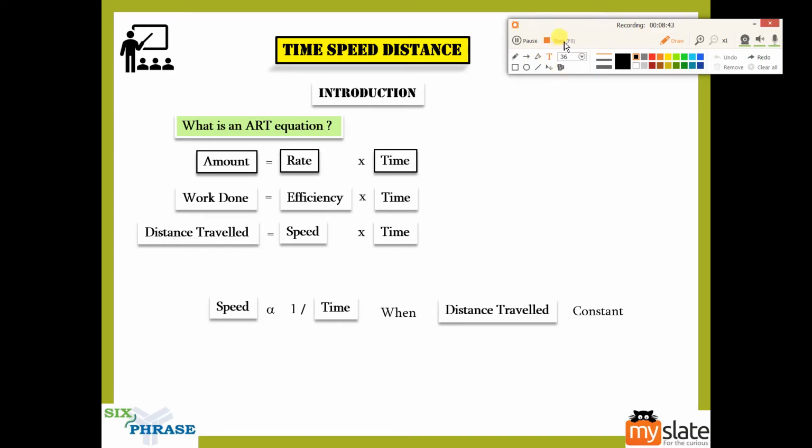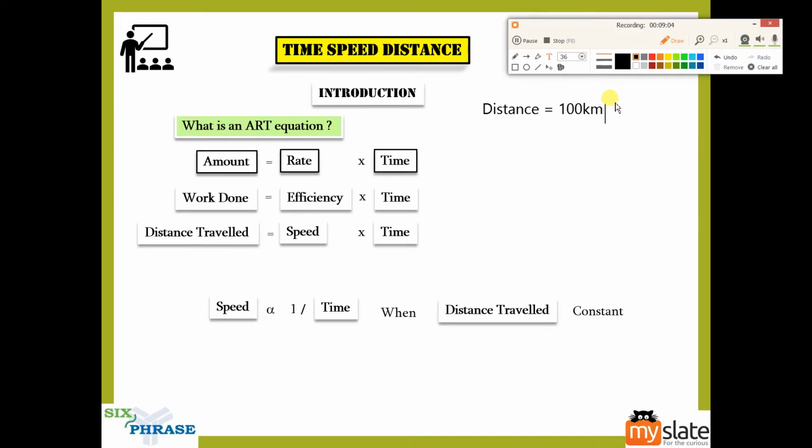So let us take the example of distance equal to 100 kilometers. So this is constant. You cannot change it.